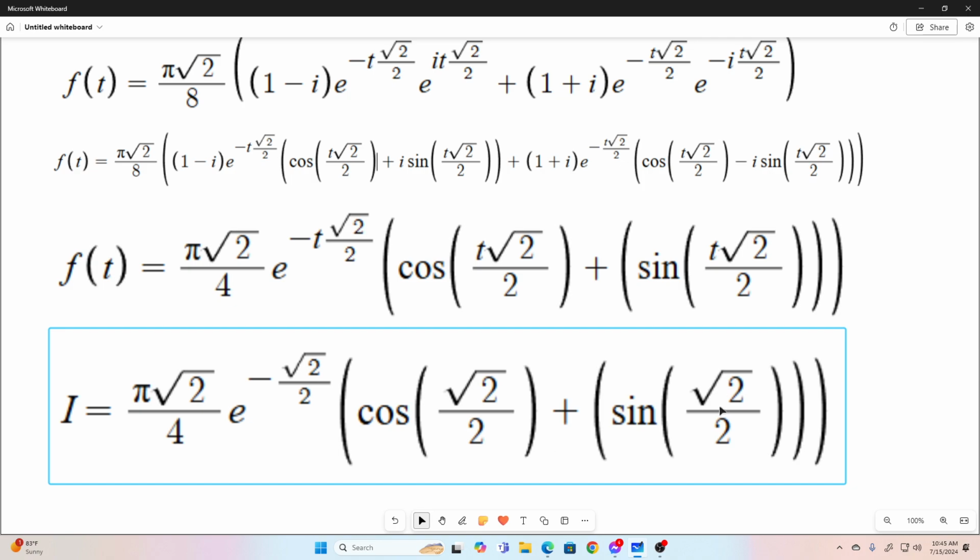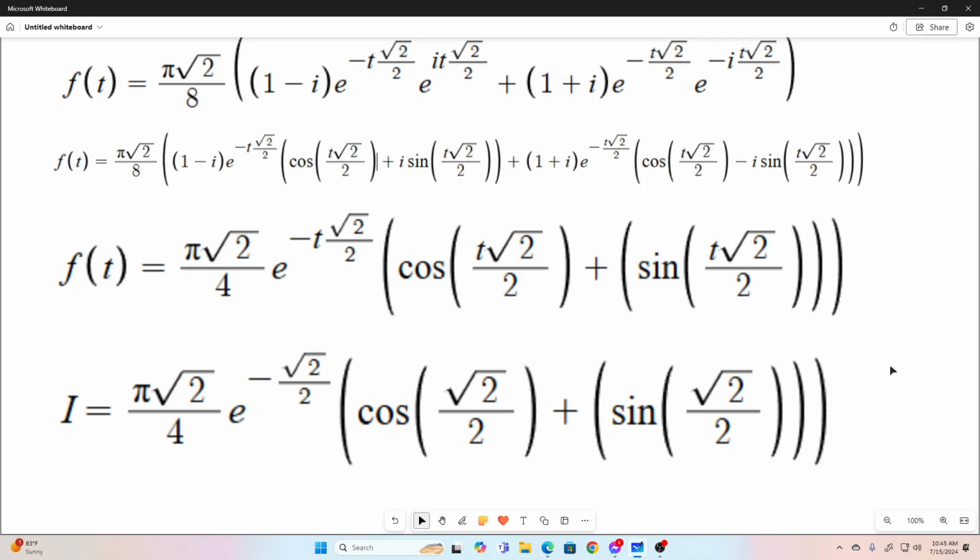So that's really cool because you don't usually see cosine of non-multiples of pi, or sine of non-multiples of pi show up as answers to integrals, but it did here.